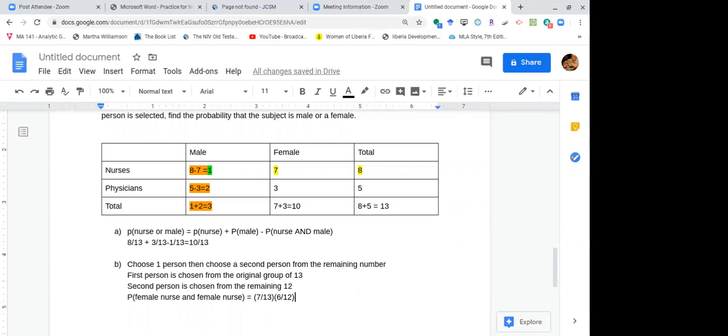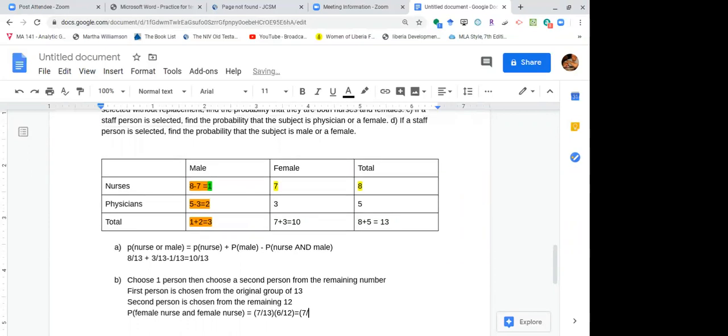Okay? So I would suggest that initially, you can do a lot of things to this, but initially you leave the fractions not reduced so you can see what happens with your numbers.